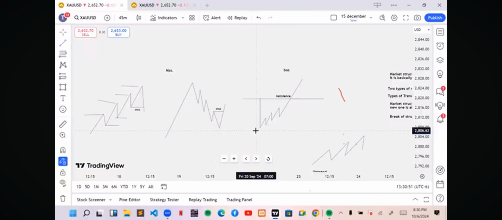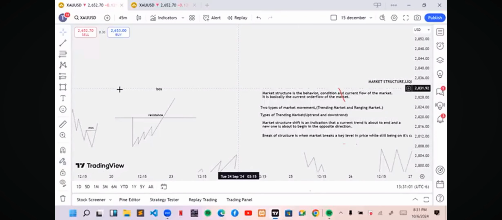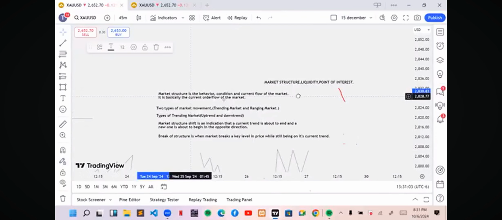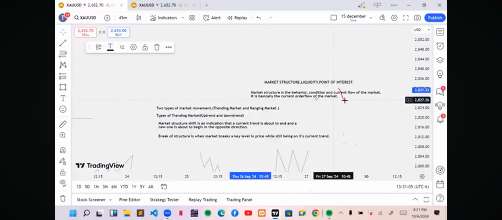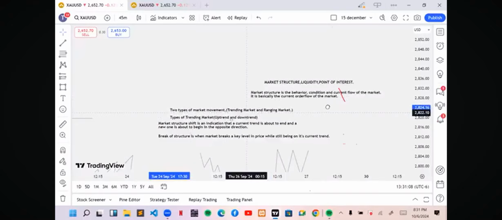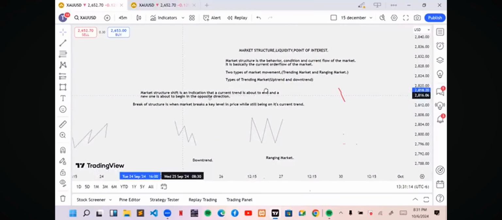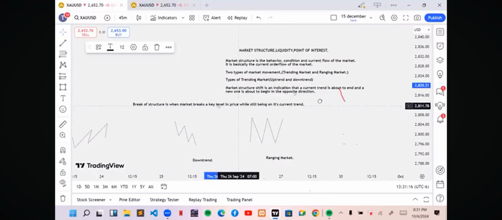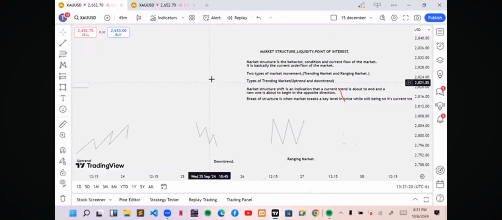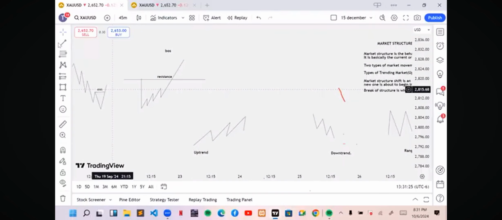So this is the break of structure for an upside, and then this one should be a break of structure for the downside. So this is the break of structure for the market being on an uptrend, then this should be the one for the market being on a downtrend.